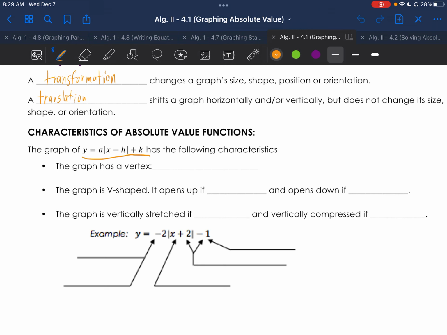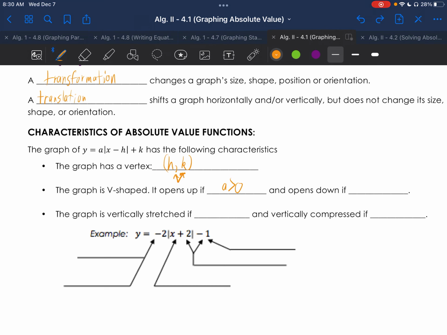So, characteristics of absolute value functions. We have the same equation we've seen a few times already. And the graph has the vertex (h, k), like we said on the front. It's V-shaped, and it'll open up, like this, if a is greater than 0.